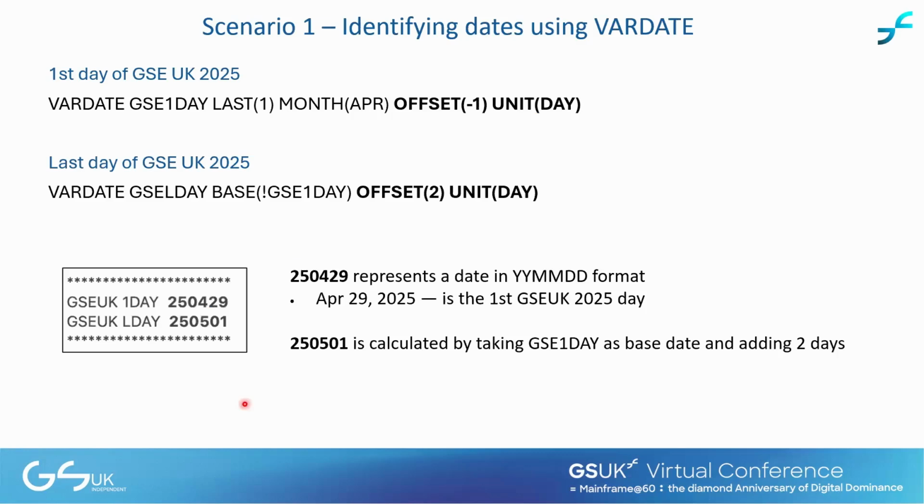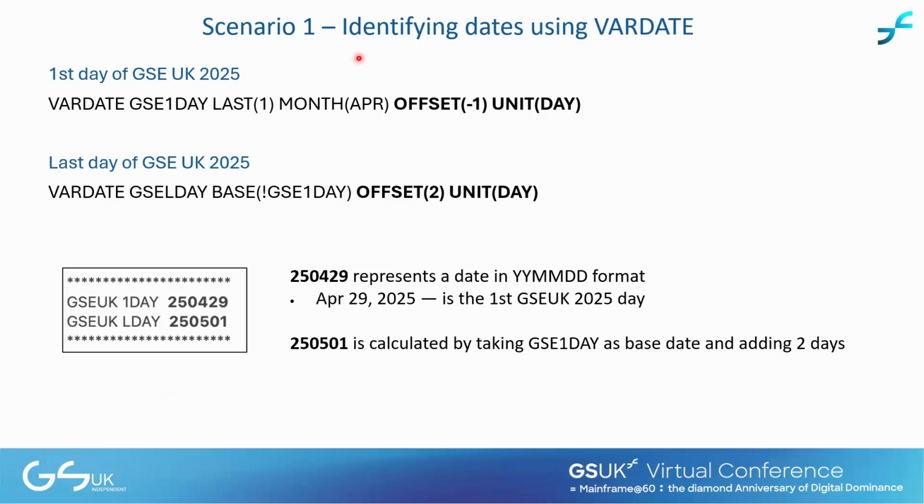Next slide. On this slide, we'll see two simple examples of the var_date statement to identify dates. In the first example, we will calculate the first day of the GSE UK conference.